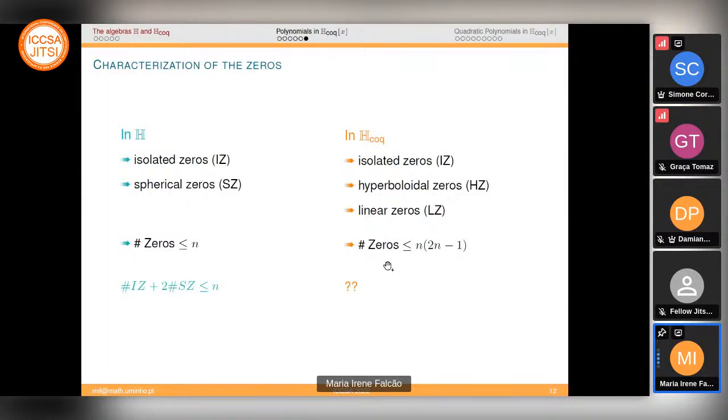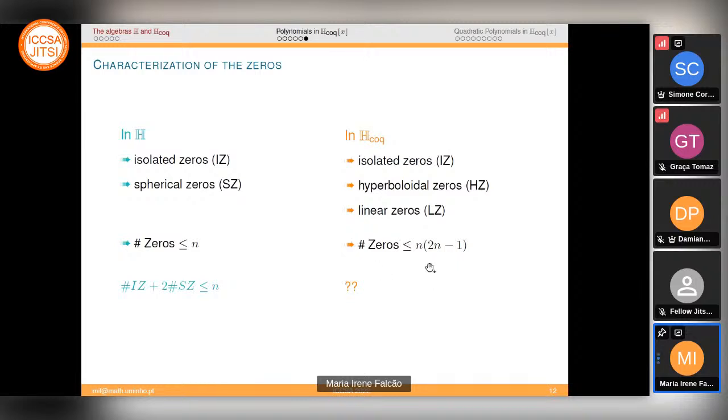Now, this result just says that in the case of the quadratics, the number of zeros is less than or equal to 6. But we don't know how many linear zeros, how many hyperboloidal zeros, and how many isolated zeros a quadratic map can have. For example, in the case of the quaternion polynomials, we know that the number of isolated zeros plus 2 times the number of spherical zeros is less than or equal to n.